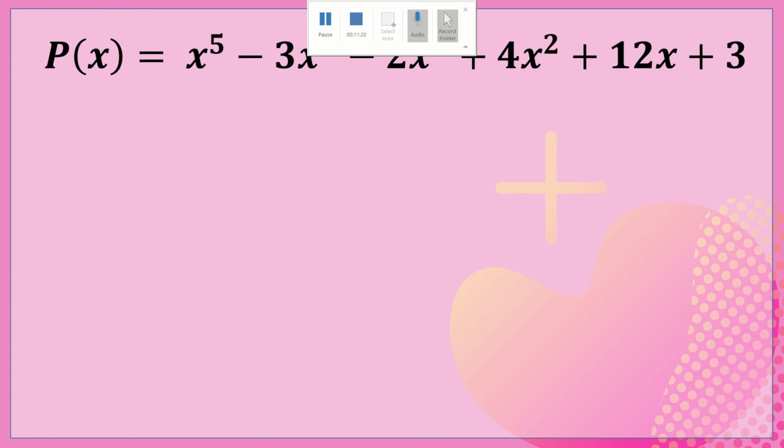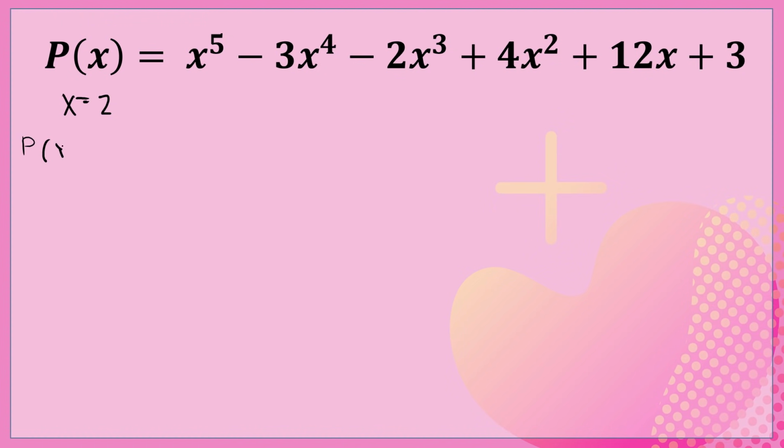So again, we have x is equal to positive 2. Then the function is p of x is equal to x raised to 5 minus 3x raised to the 4th power minus 2x cubed plus 4x squared plus 12x plus 3. So substitute natin lahat ng variable na x. Lahat ng variable na x ay gagawin natin positive 2.